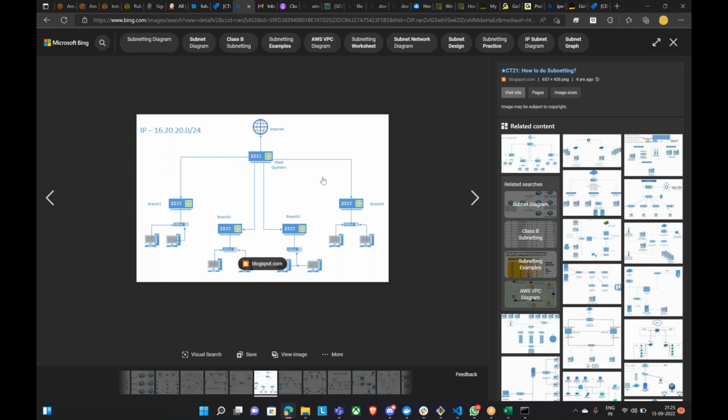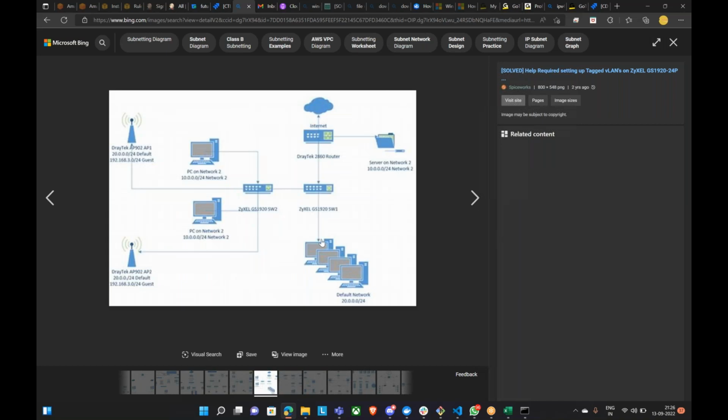Rather than having the entire 1 crore 67 lakh as one big network, they used to divide it into smaller networks like this, so that one small subnetwork is assigned to one team and another to another team. That is why subnetting is very, very important.